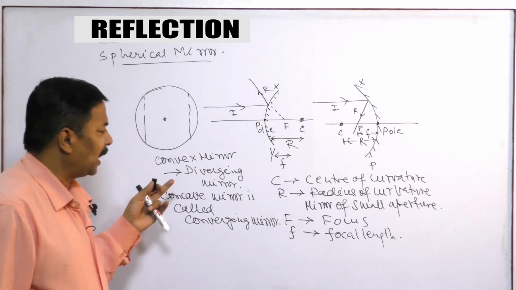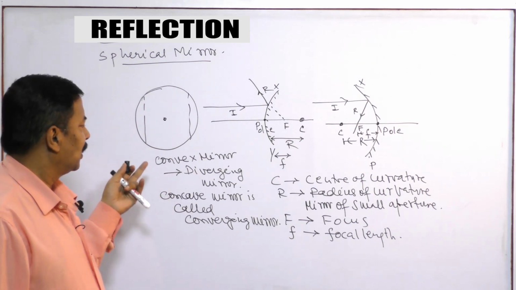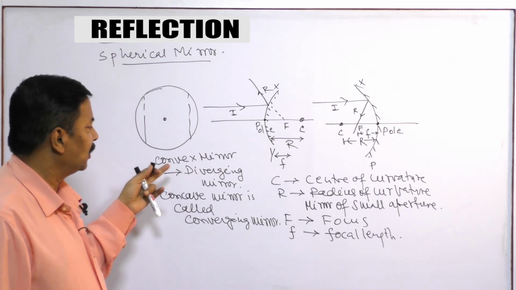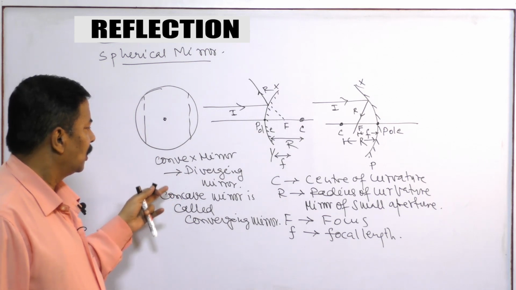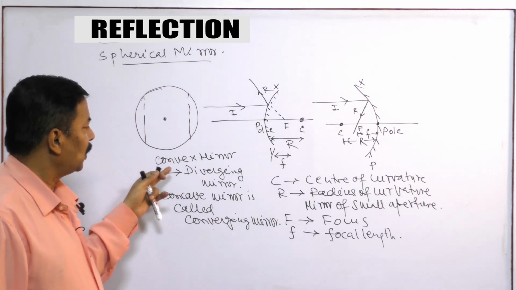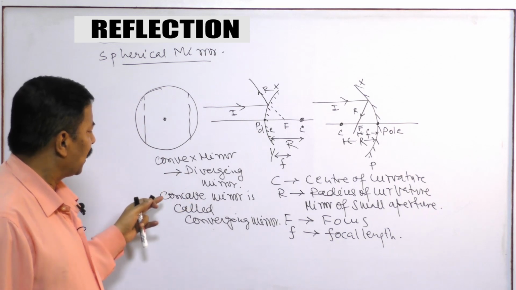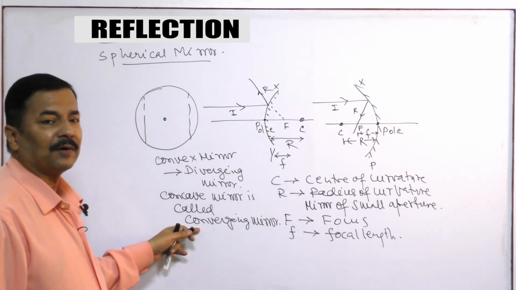Now in lens just the opposite is the case. Convex lens is called converging lens, and concave lens is called diverging lens.